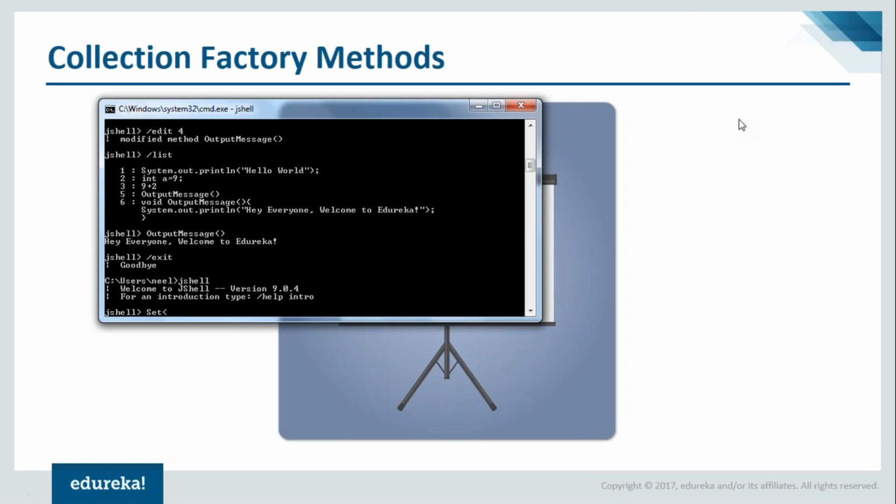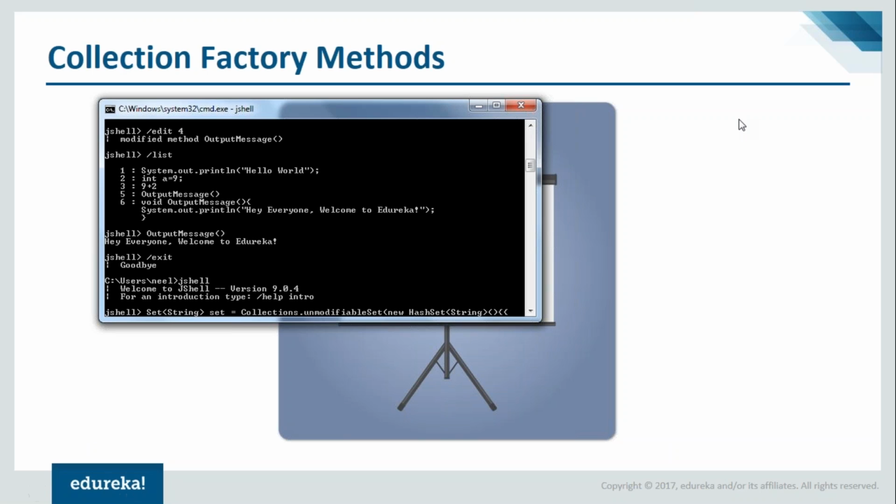So it's Set, and then you specify the type, let's say String. I use set is equal to Collections.unmodifiableSet. Let's say I'm going to define a new HashSet, and I'll define the type to be String.